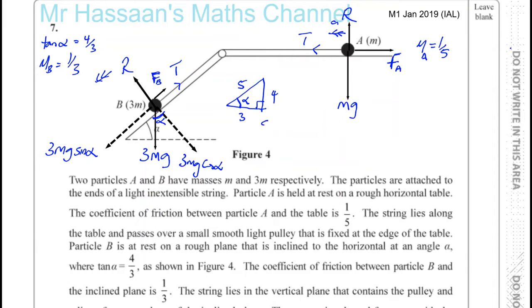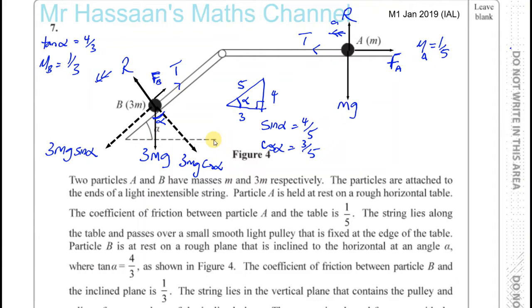So we can say that the value of sine alpha is 4/5, opposite over hypotenuse, and the value of cosine alpha is 3/5, which is adjacent over hypotenuse. So you've got some exact values to use rather than finding the size of the angle and then having things rounded to decimal places.